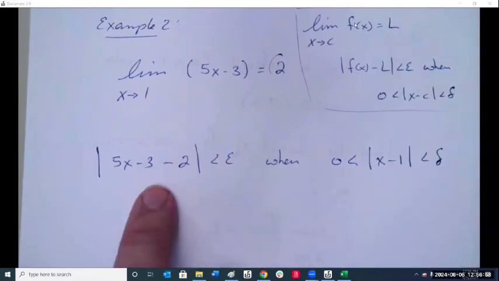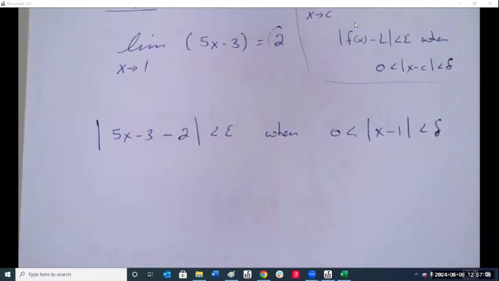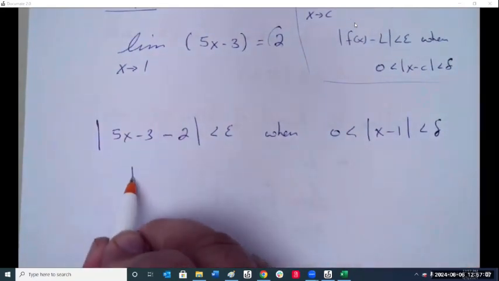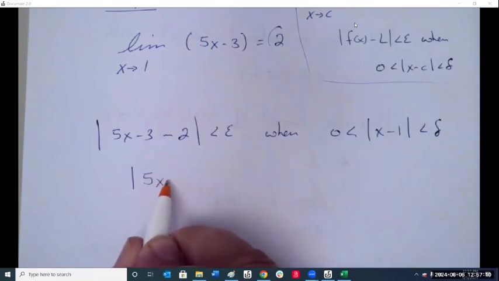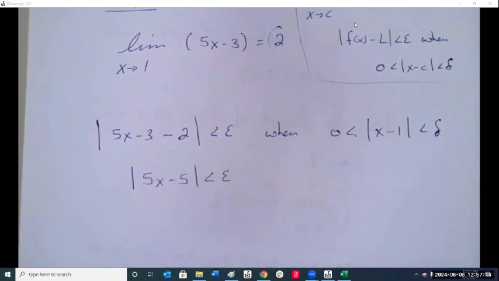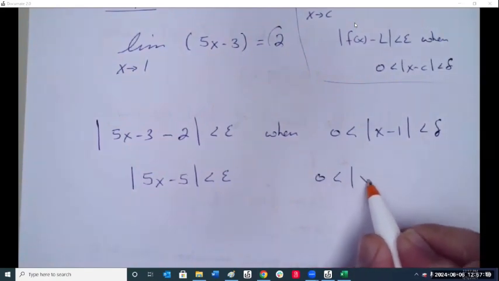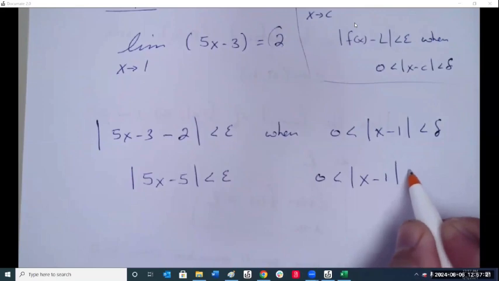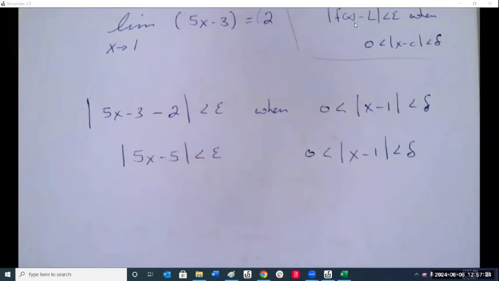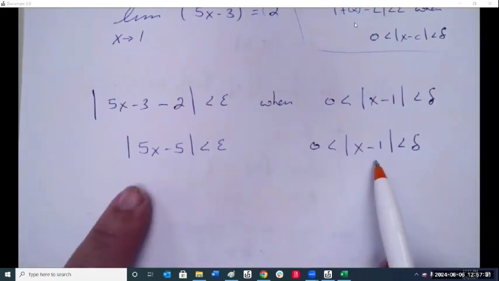Remember, the objective is we first have to solve this one, and then we compare the two. So we have the absolute value of 5x minus 5 is less than epsilon, and the absolute value of x minus 1 is less than delta. Now, we have to try to make these two the same.